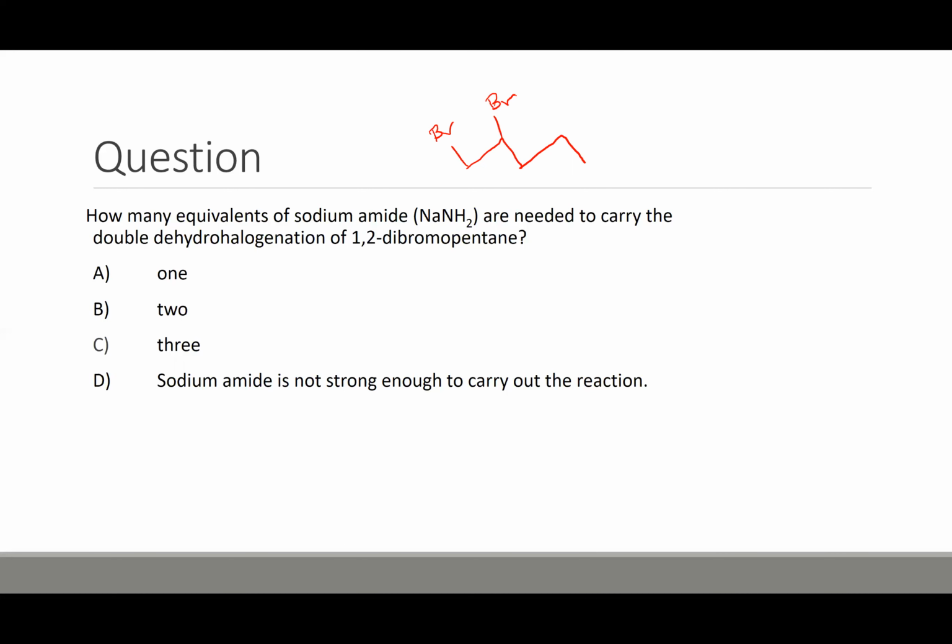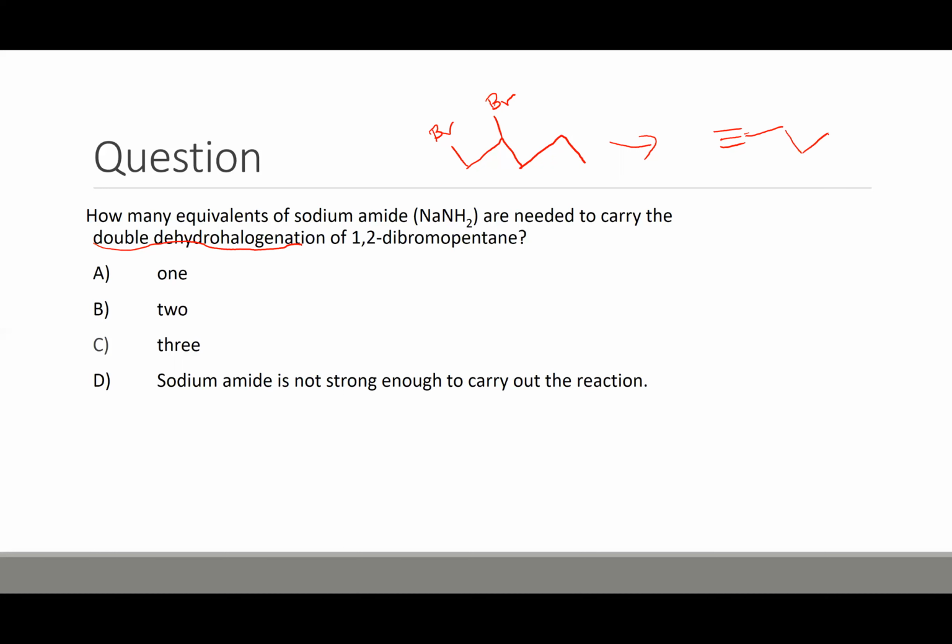Okay, now we want to do a double dehydrohalogenation. That means that we're going from this single bond to make a triple bond. So here's our final product that we want.